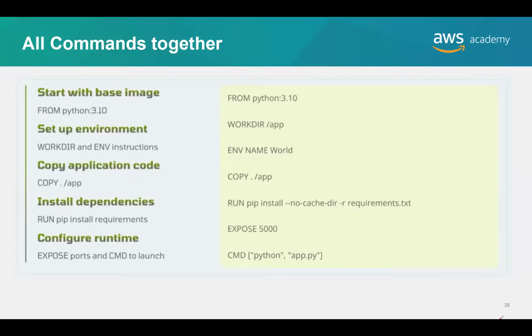RUN pip install --no-cache-dir -r requirements.txt, and EXPOSE 5000. EXPOSE is the port number which we are giving, and CMD is to launch it. So EXPOSE ports and CMD to launch as well.